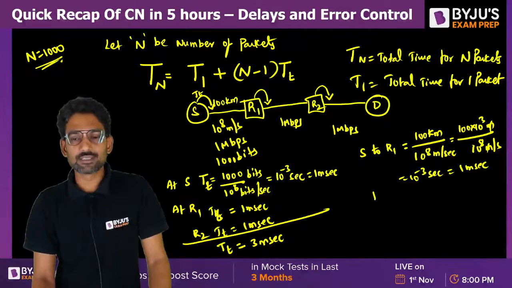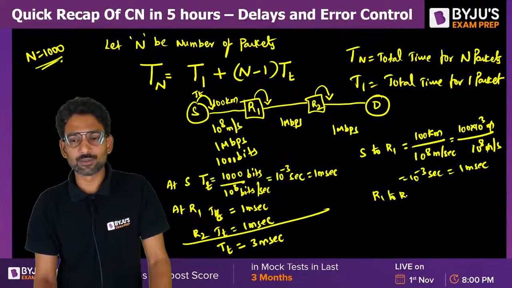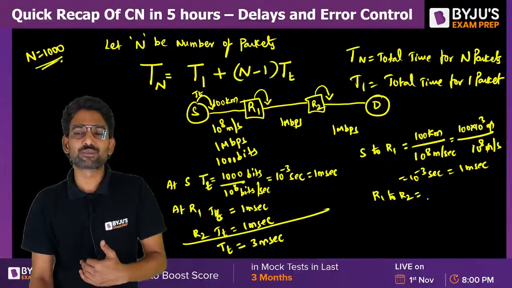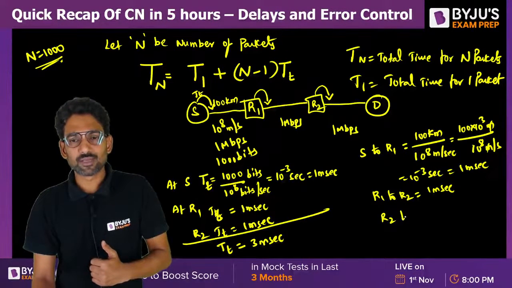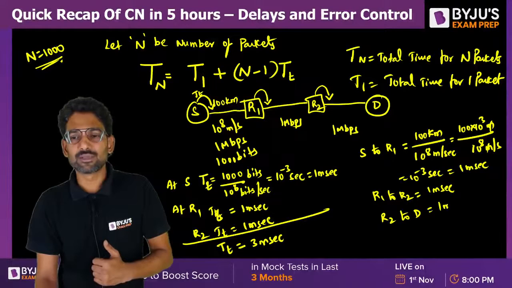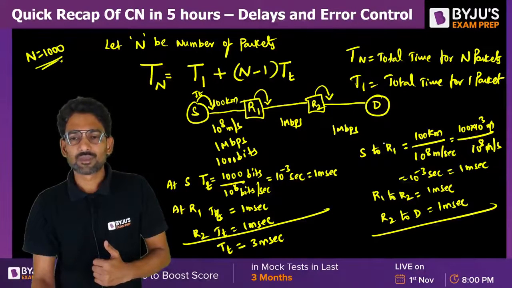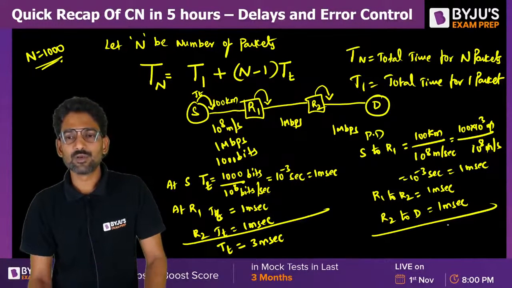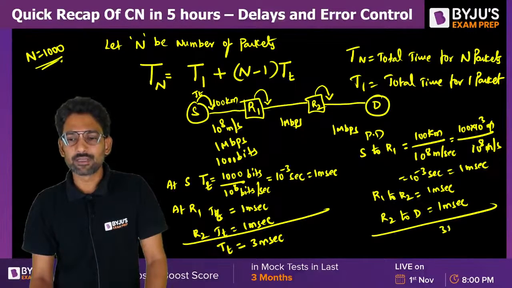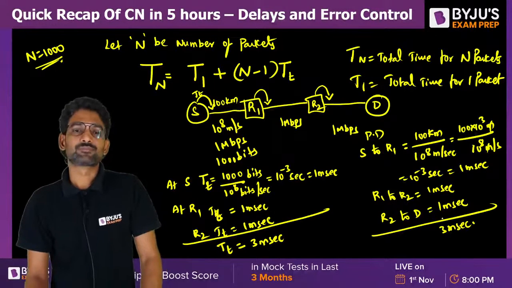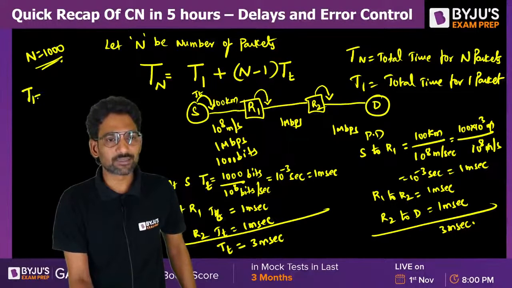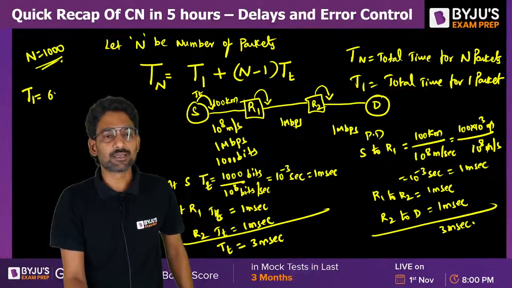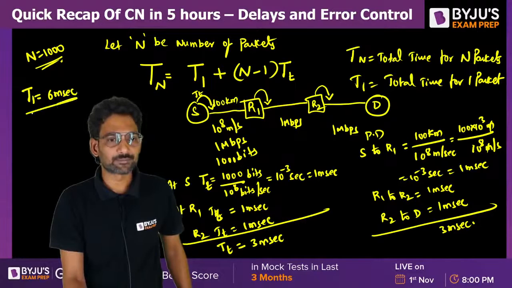Now what is the propagation delay from R1 to R2? Same length, same speed. R2 to destination, same length, same speed. So this would be the same, 3 milliseconds in total. Now you tell me, what is the total time for one packet? 3 plus 3, 6 milliseconds.